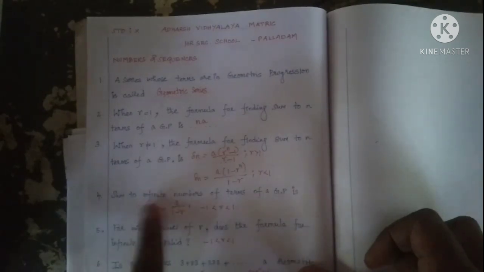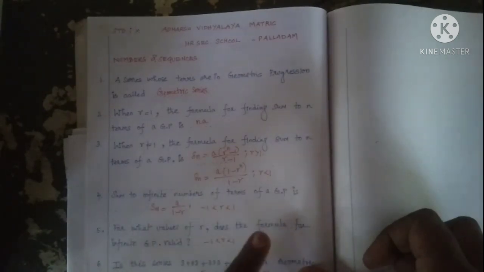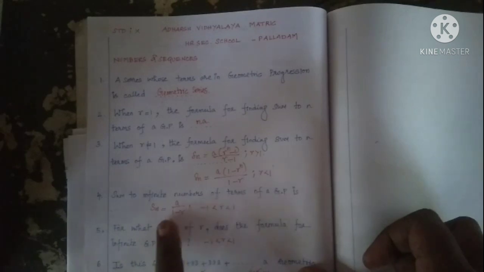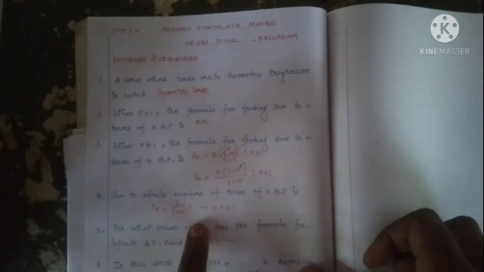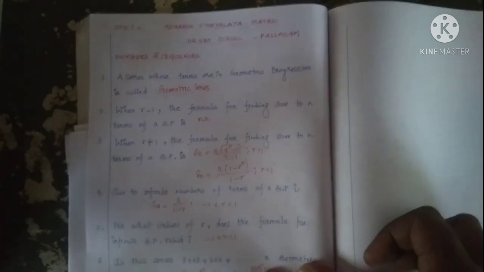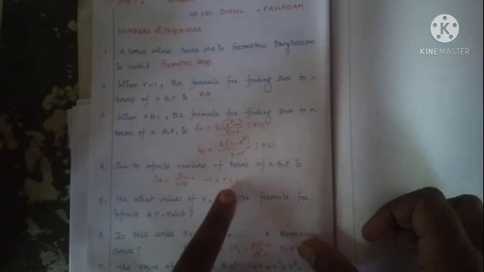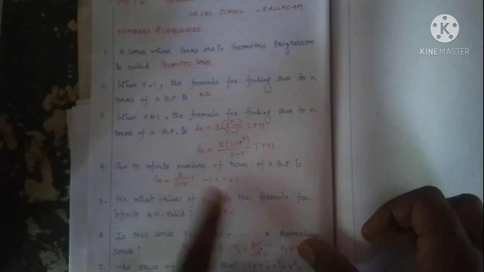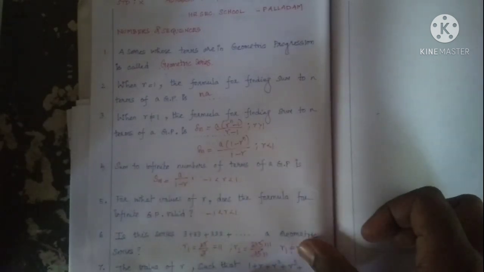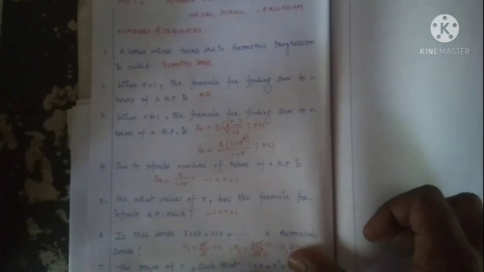The sum to infinite terms of a geometric progression is S infinity equal to a divided by (1 minus r), and only when r lies between minus 1 and plus 1 is the formula valid.